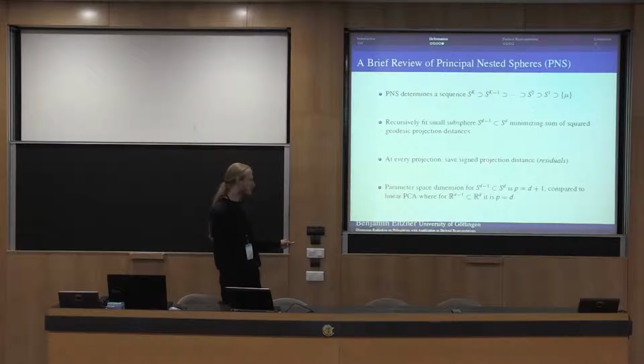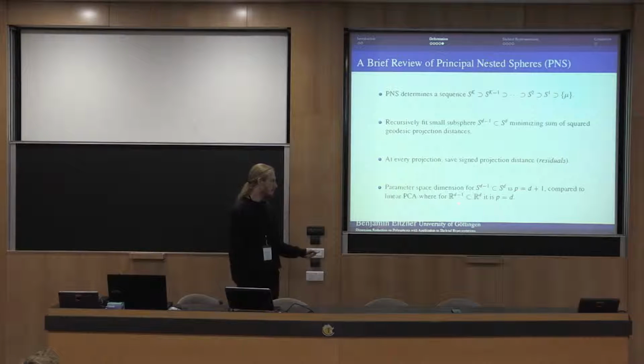And the parameter space of this dimension reduction step has dimension d+1 compared to linear PCA where the dimension is only d. And this is, as I said, due to the possibility of taking small spheres.